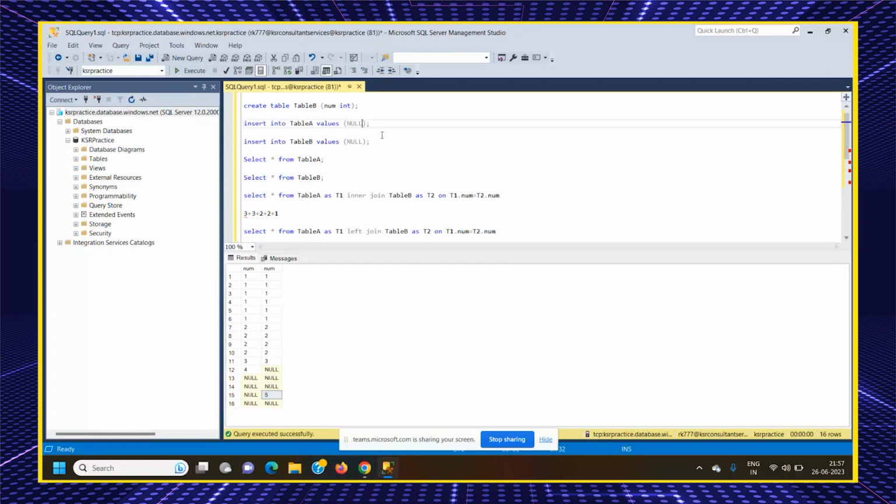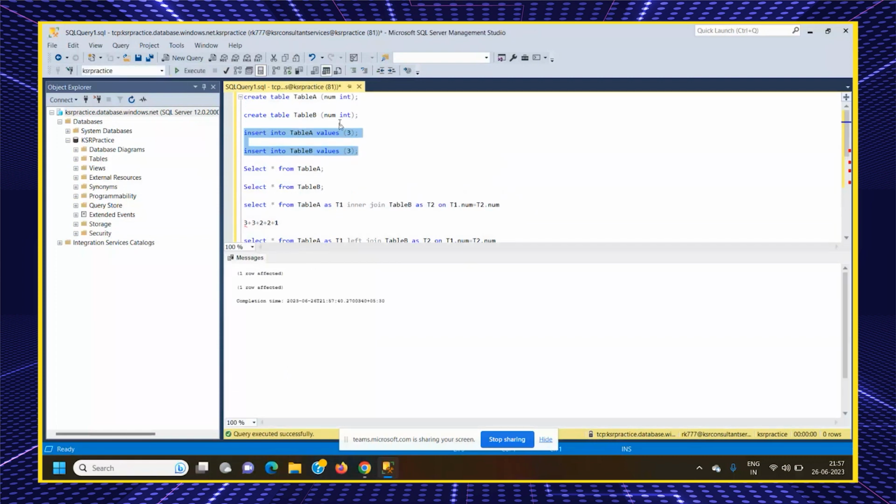Let's assume we add a few more records here: 3, 3. Let's see the count of records again.